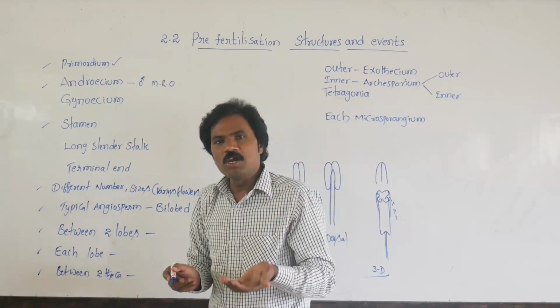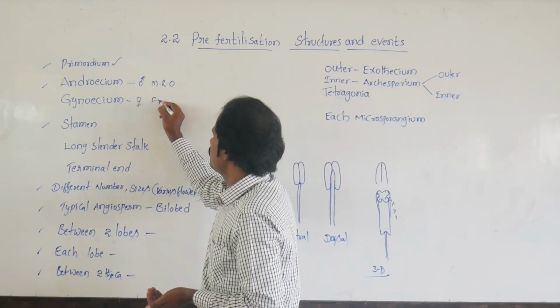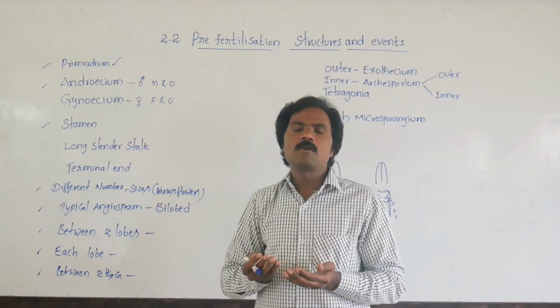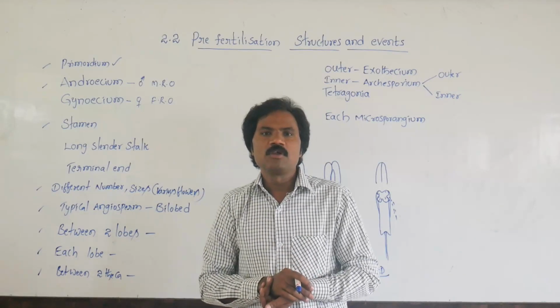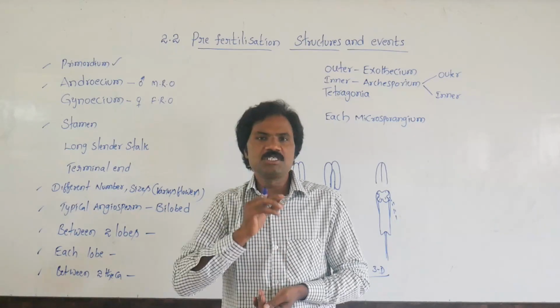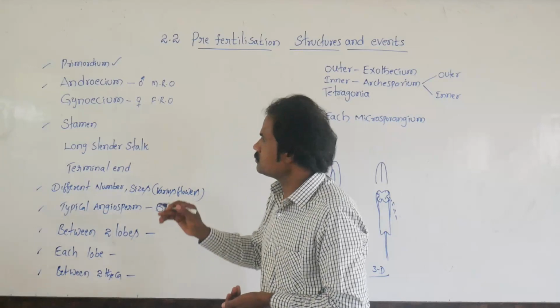Similarly, the female reproductive organ is the gynoecium. If both are present in one flower, we call it a complete flower, a monoecious flower, that is a bisexual flower.